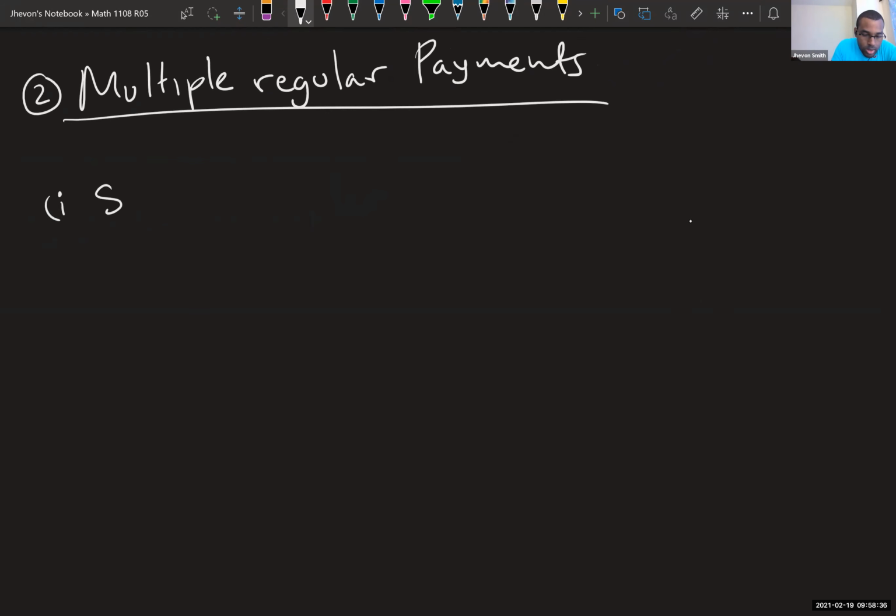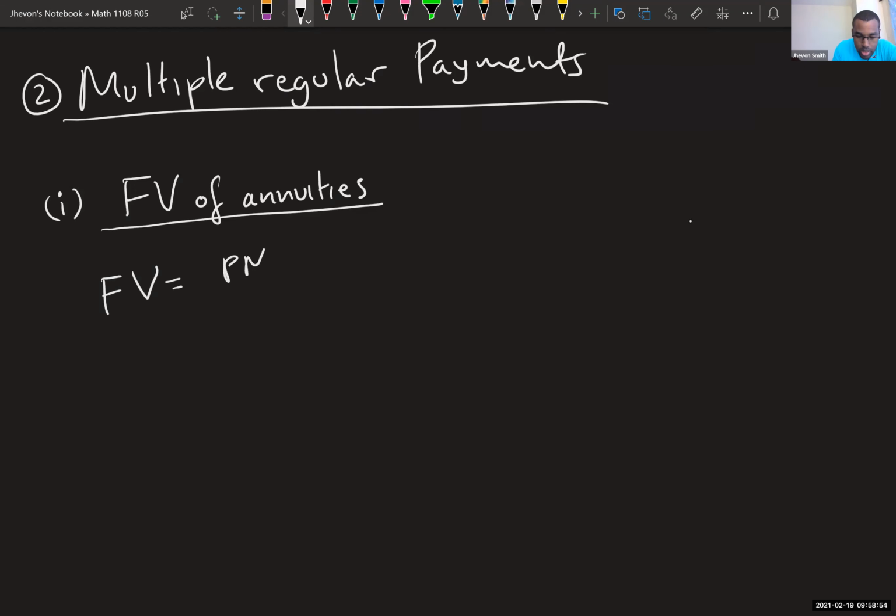Right, so call this Roman numeral I. We first learned it as the future value of annuities formula, which we learned was FV is equal to PMT times ((1 plus R over N) to the NT minus 1) over (R over N).